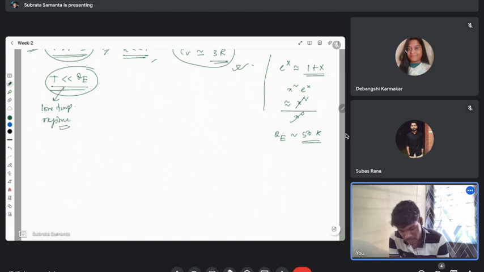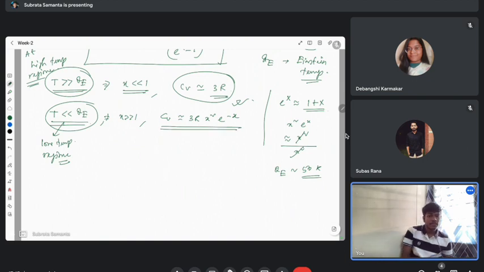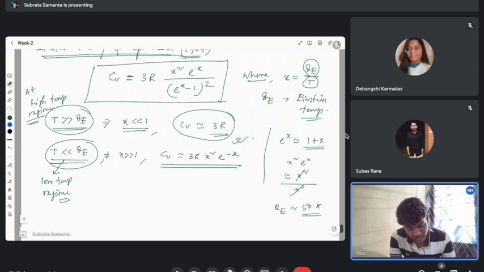Okay. So this implies that x is very much greater than 1. Cv is 3R x square e to the power minus x. How do we know that? When x is very much greater than 1, e to the power x minus 1 is just like e to the power x.